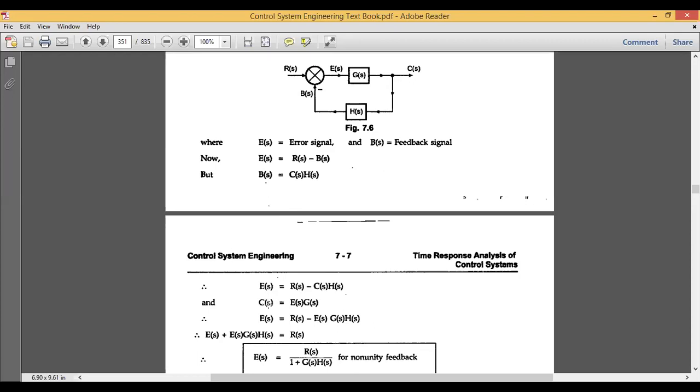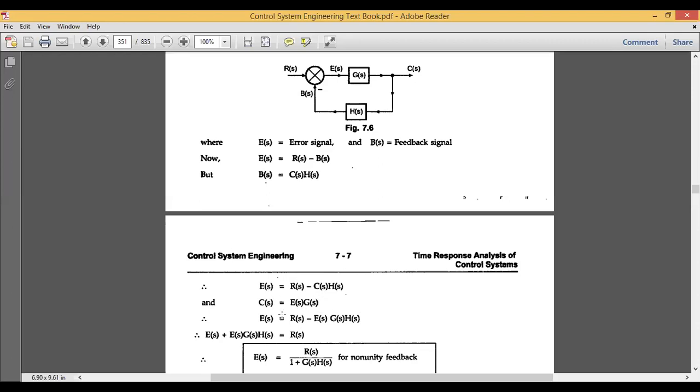Now substitute the value of C of S in the above equation. We get the error signal E of S equal to R of S minus E of S multiplied by G of S into H of S. In this way, we find the error signal.